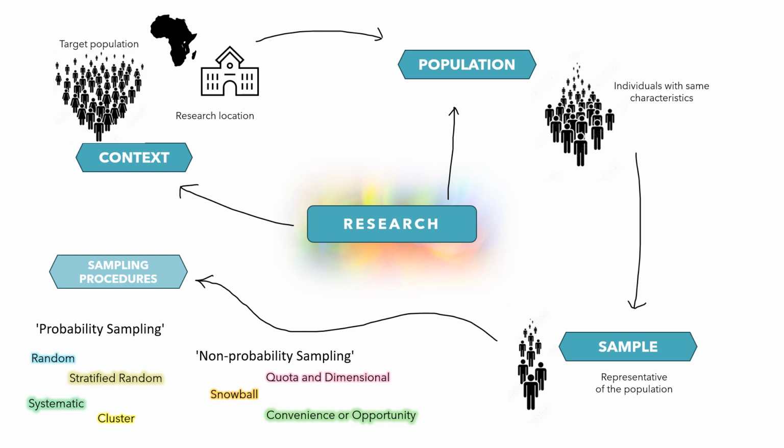In the context part, we are going to give a brief but very clear context or background of our study. It can include the target population, research location, and other aspects to give a very clear context about our research.